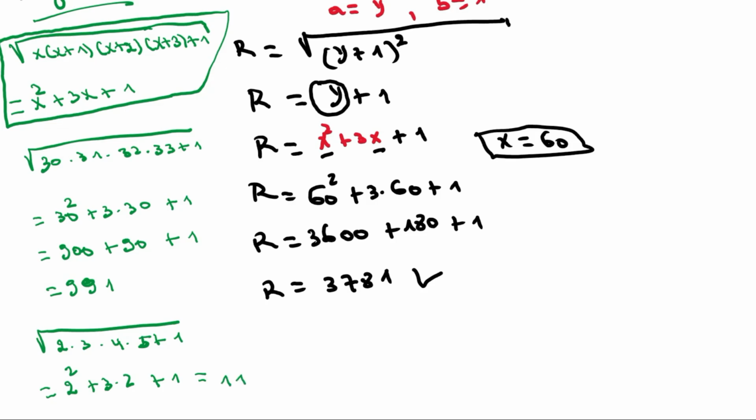If we compute it directly, 2 times 3 is 6, 6 times 4 is 24, 24 times 5 is 120, plus 1 is 121, and the square root is 11. So you see, in general, we have this.